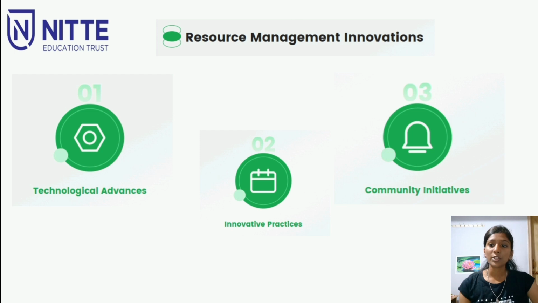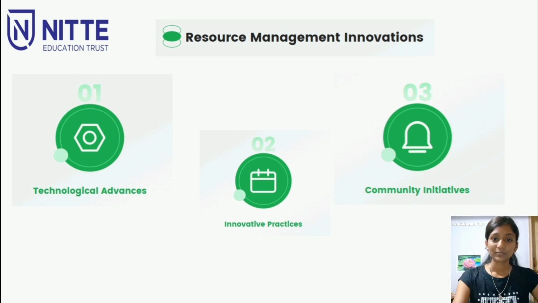So then community initiatives such as recycling programs and local repair workshops empower communities to engage in sustainable practices, fostering collaboration and resource conservation at the grassroots levels.